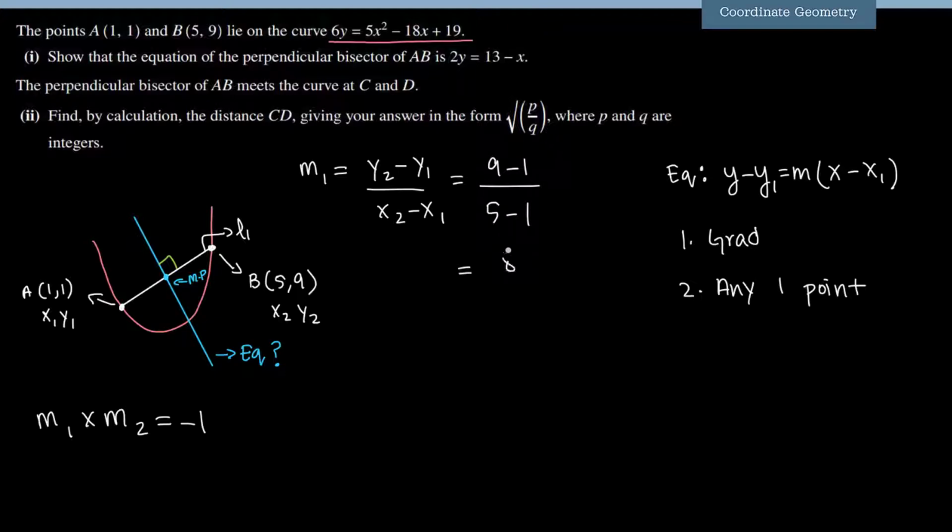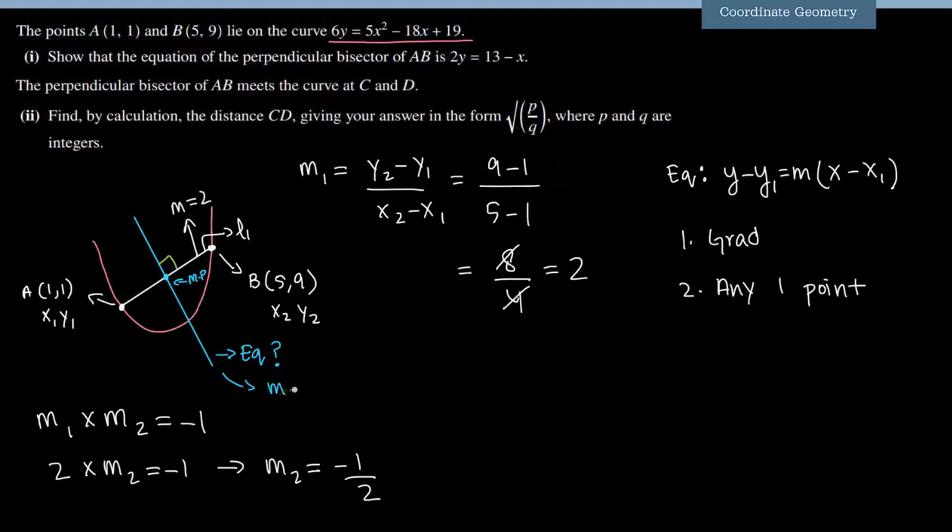This would be equal to 8 upon 4, which is equal to 2. So the gradient of this white line is 2. Now for the gradient of the perpendicular bisector, I can put this value in this equation and I'll get 2 times m2 is equal to negative 1, and that would give me m2 as negative 1 upon 2. So this is the gradient of the perpendicular bisector.